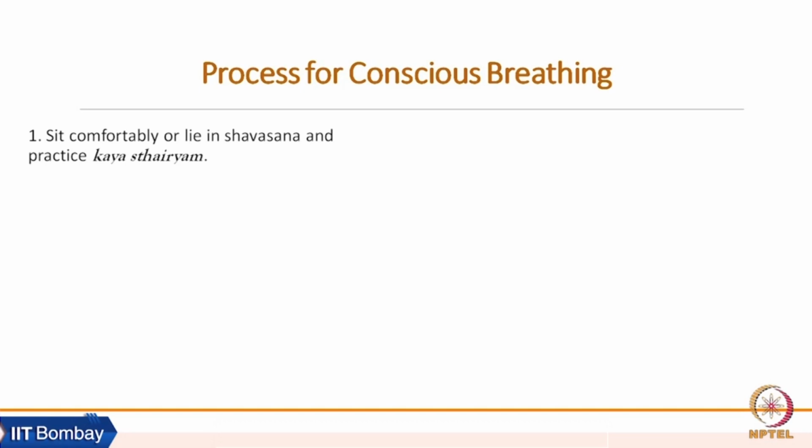Or you can lie down in shavasana and take your attention from toe to head gradually, and that process will calm down your mental activities, and that will give the sense of relaxation. So that's the first step in conscious breathing.